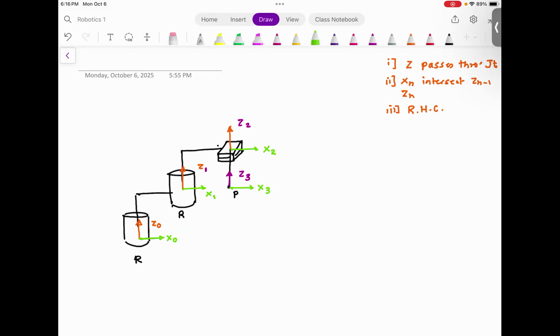Now, I want you to notice that I have deliberately chosen the coordinate systems, the 0th frame, first frame, second frame, and third frame, to be similar to each other. You agree with me? And why did I do that?